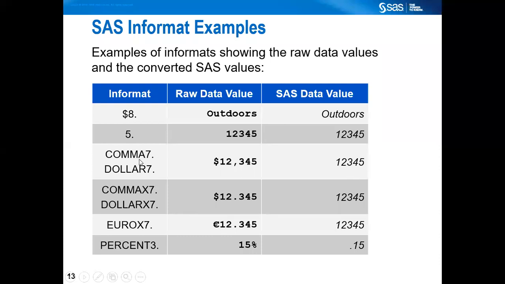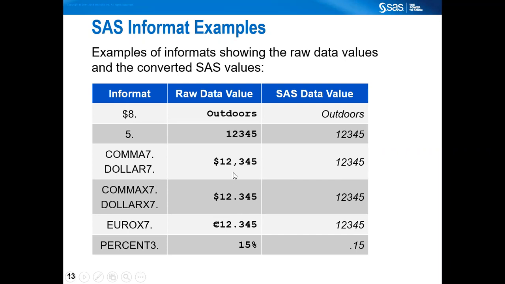Got it? So either write comma or dollar. Even if you write comma, it will remove the dollar and comma signs to be saved as numeric. Or even if you write dollar, it will remove the dollar and comma signs to be read as numeric.